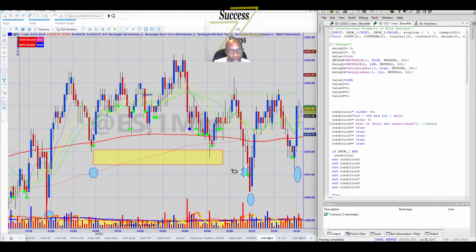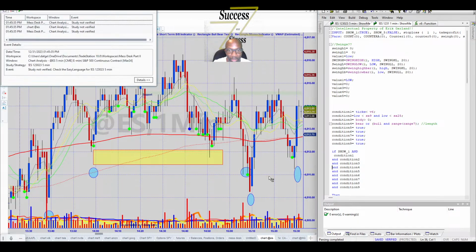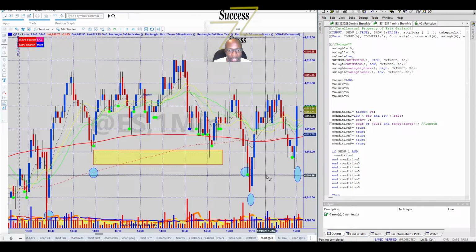So the OR worked, right? So we got this blue one that still showed up, but it's a small range blue candle. We didn't want to get on this long range blue candle. Small range candle's okay. We got in on this red one, and it is what it is. Still got to have a stop somewhere, and you might have put your stop down here.